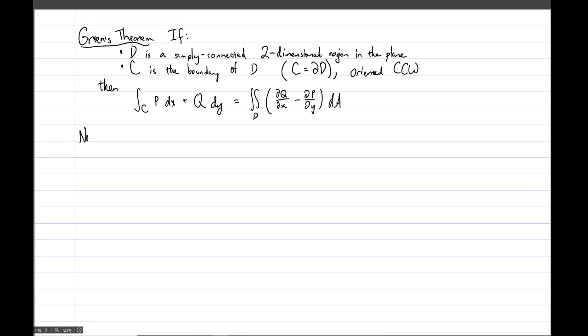And just a reminder of some notation things. You really don't need to think about this or read this all that differently, but sometimes when you do have a closed curve, so the boundary of a two-dimensional region, you're going to get a closed curve. So sometimes there's a little circle drawn as part of the integral symbol. So you don't really need to worry about reading this any differently.